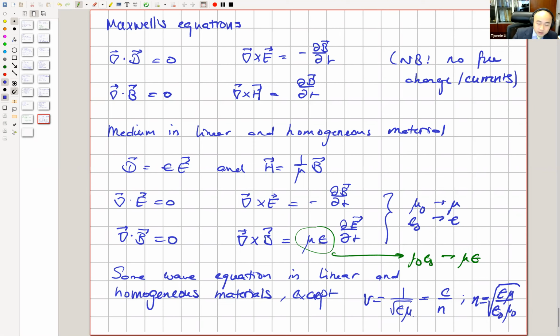So when we determine experimentally what mu and epsilon are for linear and homogeneous materials, we actually end up getting a value for the wave velocity, where n, the relative velocity with respect to the speed of light, is the same as the refractive index. So the whole system, when we talk about materials, is exactly the same, with only one notable difference, and that is the refractive index.